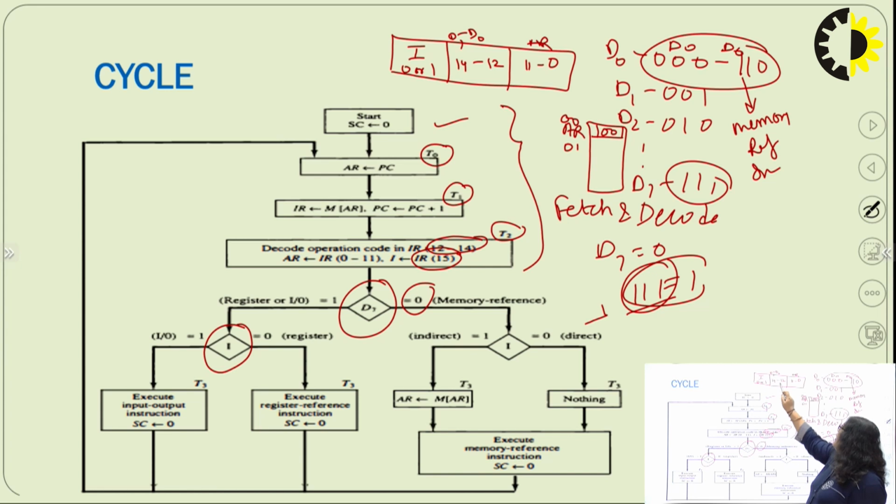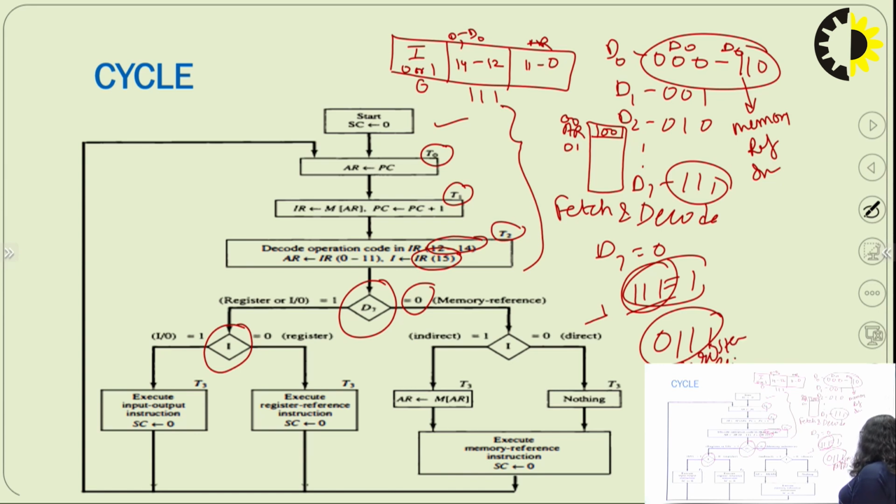So when the opcode bits are 111 and the ith bit is 0, what is it? It is a register reference instruction, so it is basically 0 111. So it is register reference.